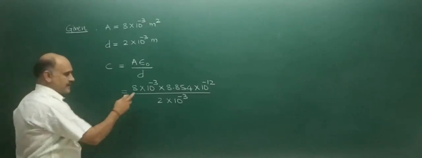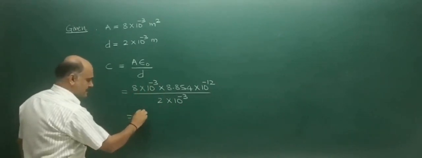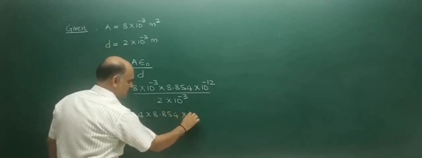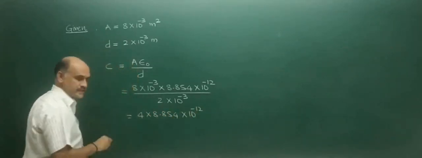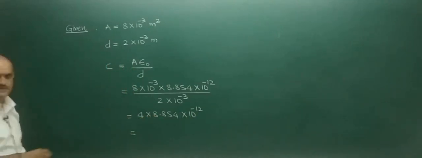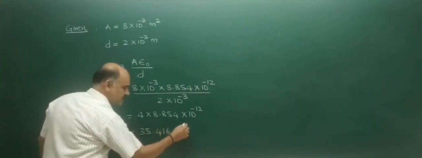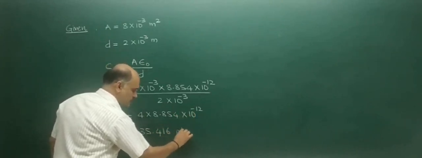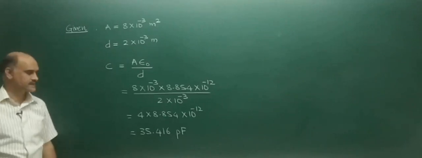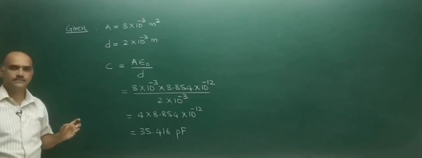If you simplify, 10 raised to minus 3 and 10 raised to minus 3 get cancelled, and 2 and 8 get cancelled. You will have 4 into 8.854 into 10 raised to minus 12. If you multiply these two, you will have the answer 35.416, and 10 raised to minus 12 is pico. So 35.416 picofarad. This is the capacitance of the capacitor.